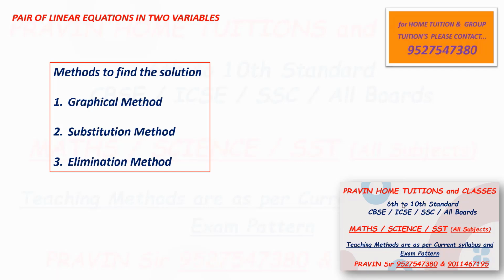In this video, I will explain the methods to find the solution of a pair of linear equations in two variables. Already we have learned what is meant by linear equation in two variables, and pair means two equations simultaneously.